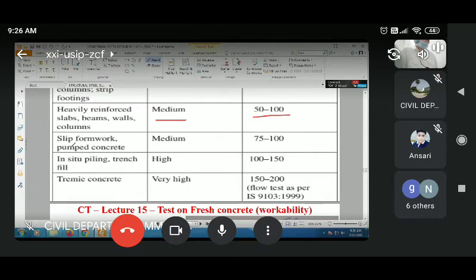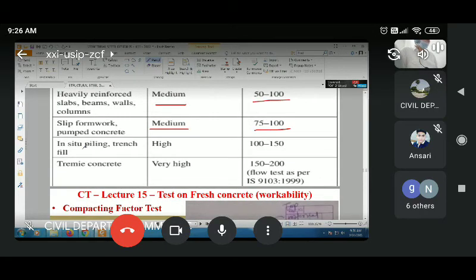Then if slip-form or pumped concrete is there, if you are pumping your concrete, then definitely the slump value should be good so that pumping can be done easily, and a medium degree of workability is required, and around 75 to 100 mm slump is applicable.